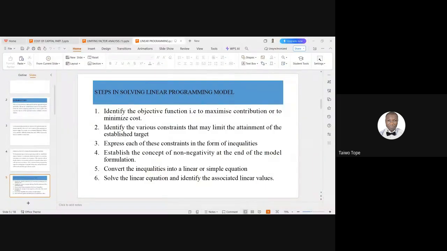It does not show the exact value of a thing. So in inequality, you can have less than or equal to, greater than or equal to, or strictly less than or strictly greater than. So in linear programming, constraints are usually expressed as inequalities because resources are limited.